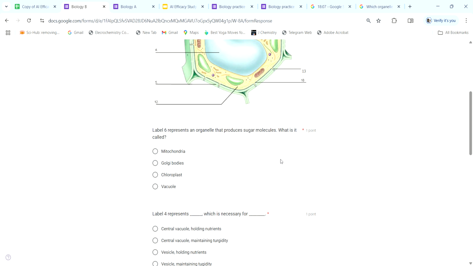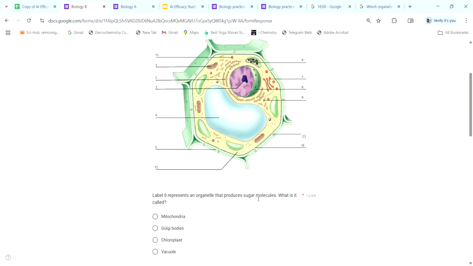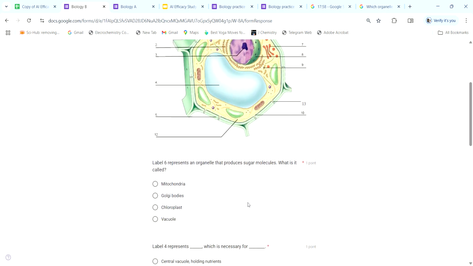So mitochondria produces energy. Golgi body produces protein. Chloroplast produces sugar. Vacuole stores water and nutrients. So I would go for chloroplast. Label 4 represents what?